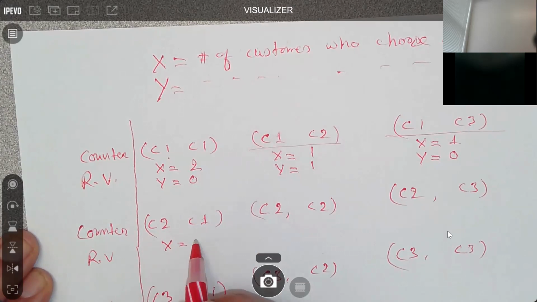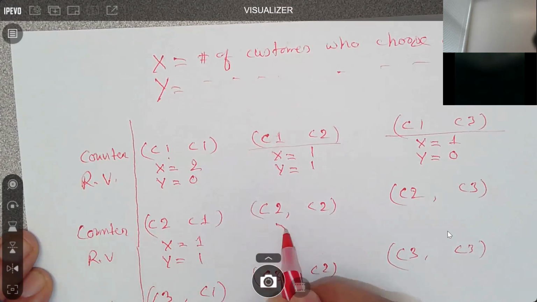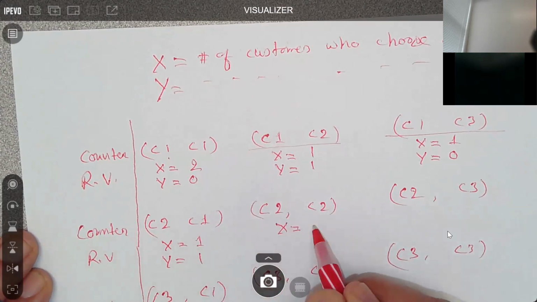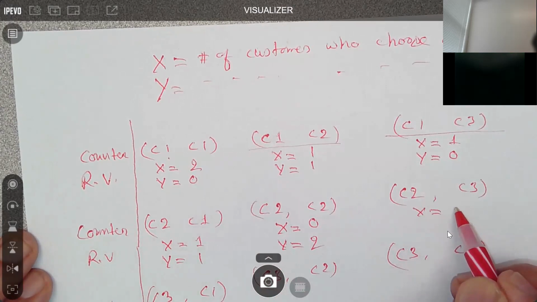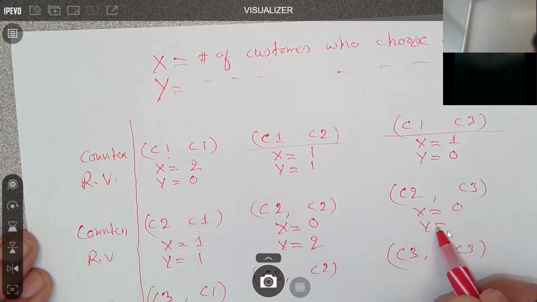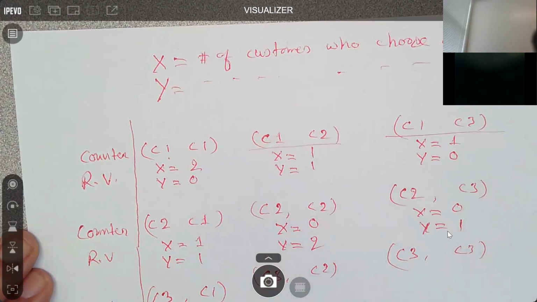Now here, X equals 1, Y equals 1. Here X takes the value 0, and Y equals 2, right? Here X takes 0 and Y takes 1. Here X takes 1 and Y takes 0, right?